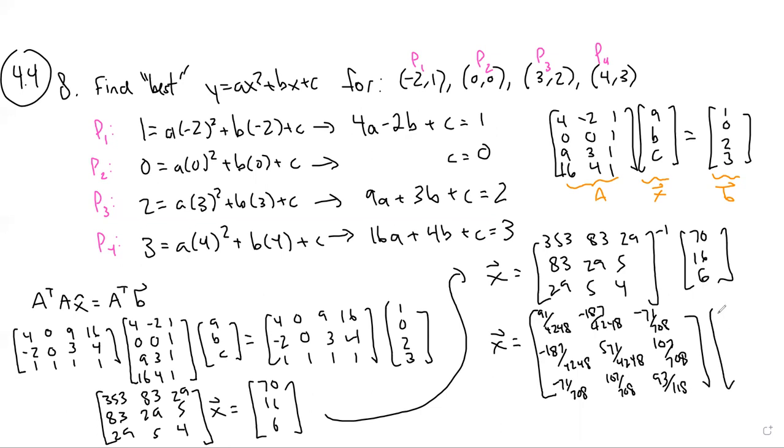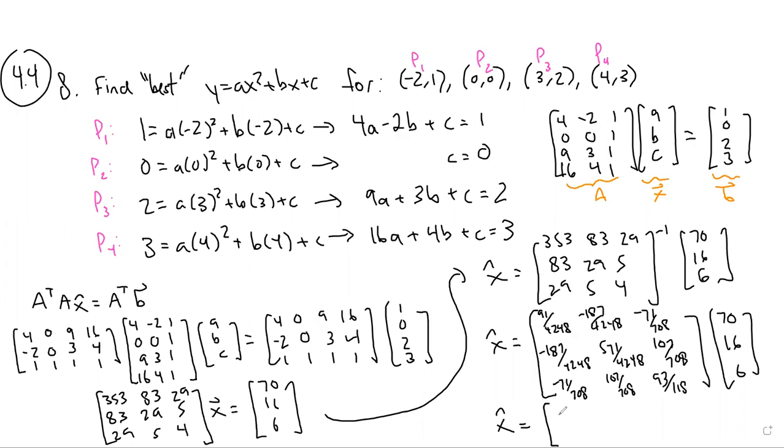And then I'm going to multiply that by 70, 16, and 6. And, oh, those are not x bars. Sorry, those should be x hats. Closest thing to the x bar that we're looking for. And then finally I do this product. It's not as bad as it looks.